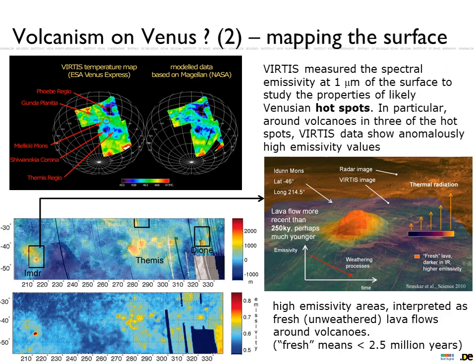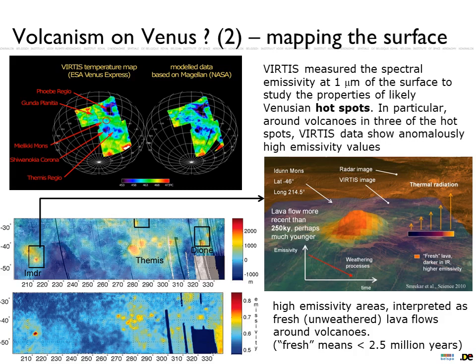One of the objectives of the Venus Express mission was also to detect volcanism. VIRTIS, one of the instruments on board, measured the spectral emissivity at 1 micron of the surface to study the properties of likely Venusian hotspots, in particular around volcanoes in 3 of the most prominent spots.